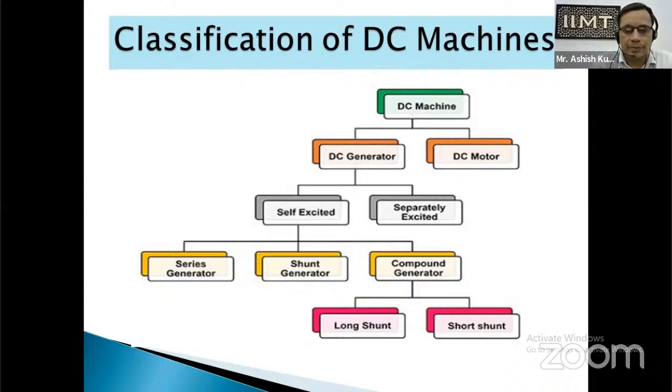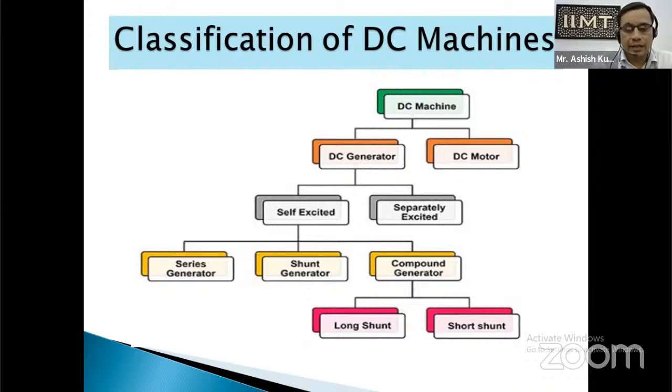While talking about the self-excited DC machine, it is further classified into three parts: series generator, shunt generator, and compound generator. The names are based upon whether the field winding is connected in series with the armature circuit or in parallel. If the field winding is connected in series with the armature circuit, then the machine is known as a series generator.